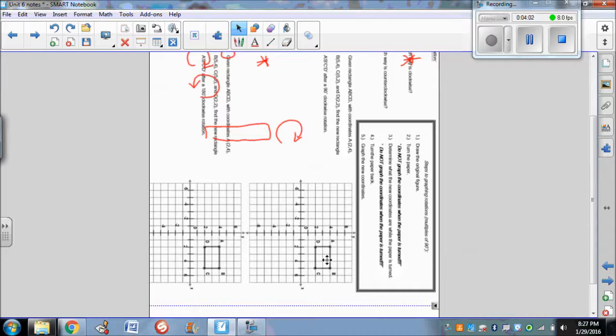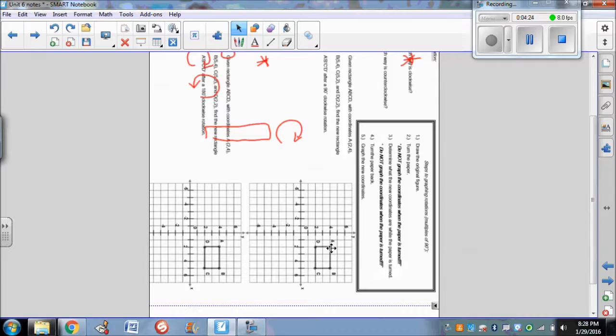So what are the points of A? How would I get to this A down here, because that's my rotation? A would be 4 to the right and 2 down. So A prime, you're going to call 4, -2.